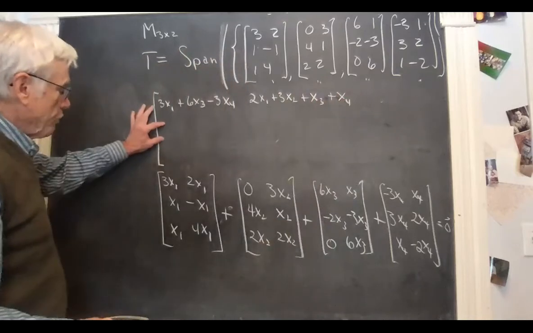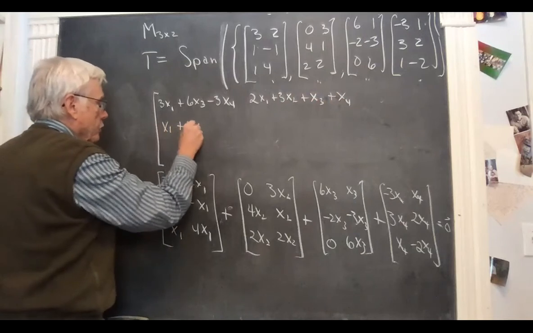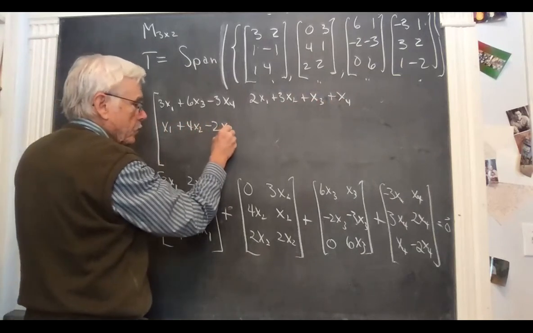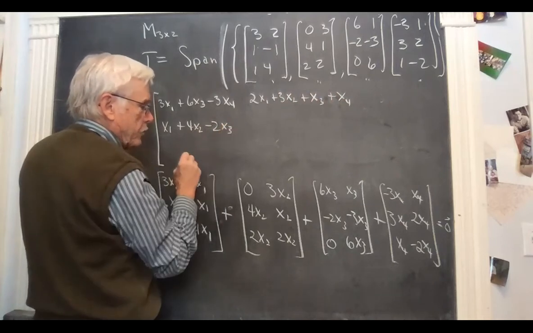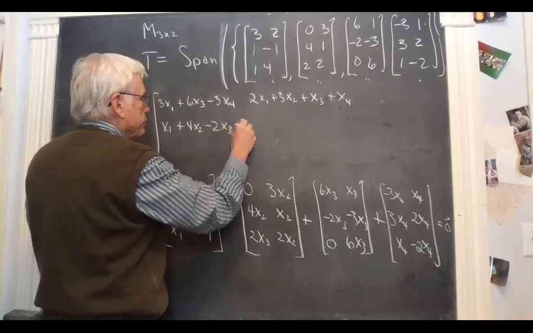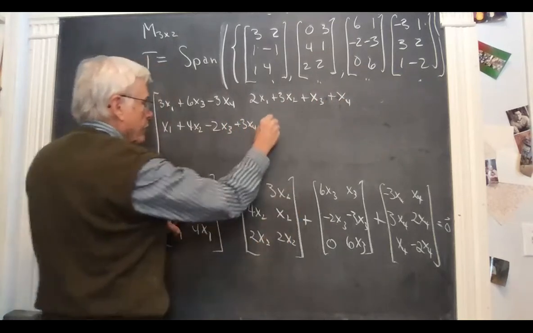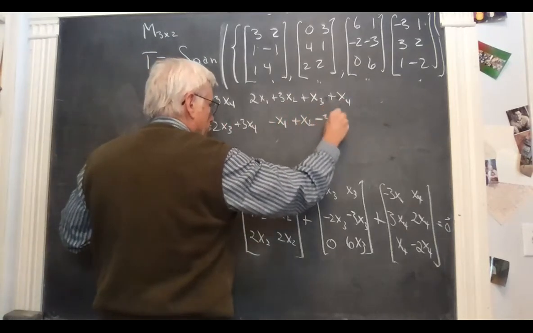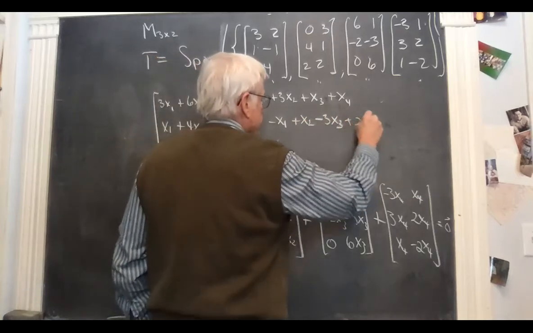The next row will have x1 plus 4x2 minus 2x3 plus 3x4. Then the next one we get minus x1 plus x2 minus 3x3 plus 2x4.